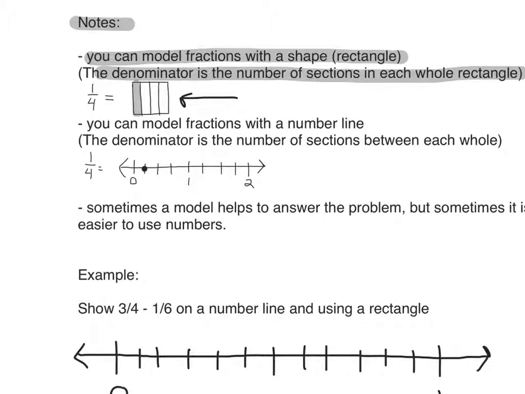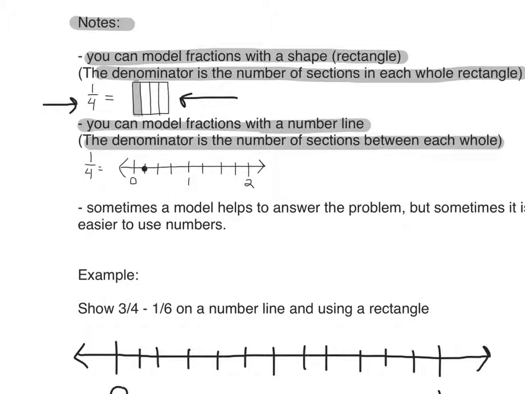There are 4 sections in the whole rectangle, and there's a number 4 in the denominator. So anytime that you're modeling fractions, you want to make sure you understand how the denominator works, what it means in that model. So, for example, you can model fractions with a number line, and in that case, the denominator is the number of sections between each whole number.